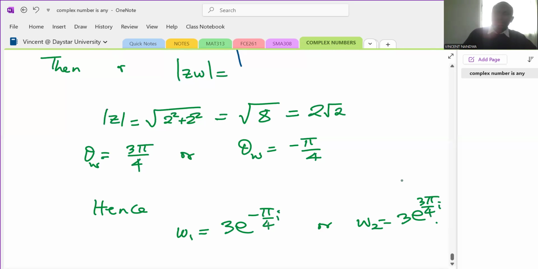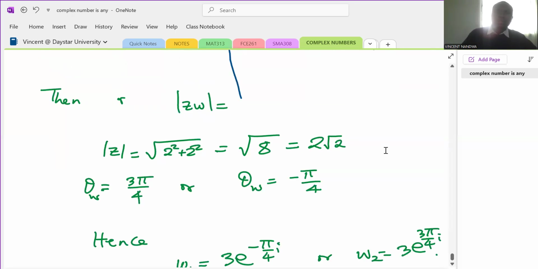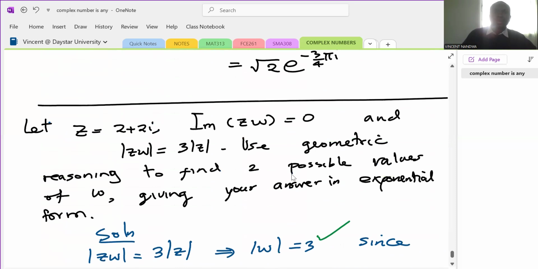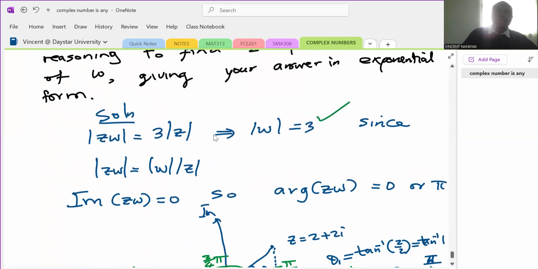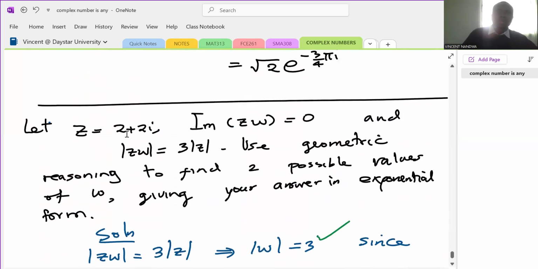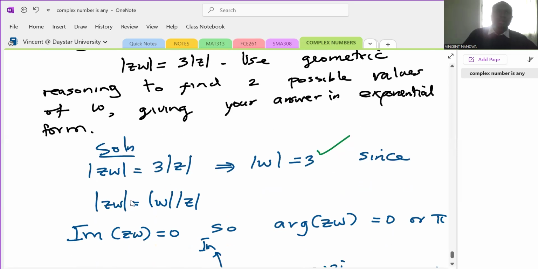So that is how we can use geometric reasoning to get the possible values of W. First step, we have been given the product ZW, its modulus, given as 3 times modulus of Z, and from the property that the modulus of the product of two complex numbers is the same as the product of the moduli, you simply use this formula and equate in what you have been given.